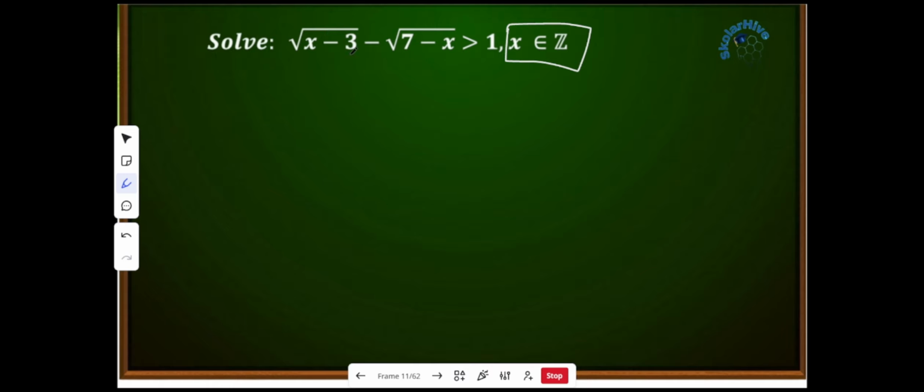For the domain of this expression, the root of x minus 3, we have to look for x minus 3 to be greater than or equal to 0. Once you solve this inequality, you will get the x value to be greater than or equal to 3.